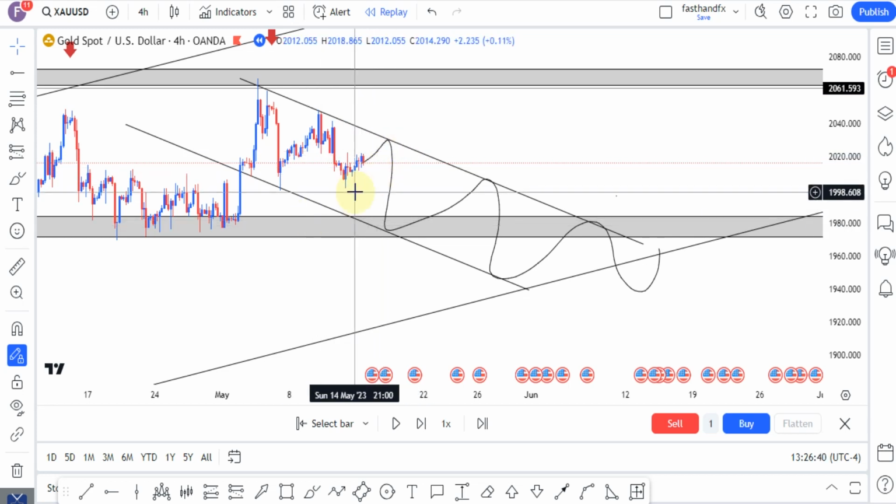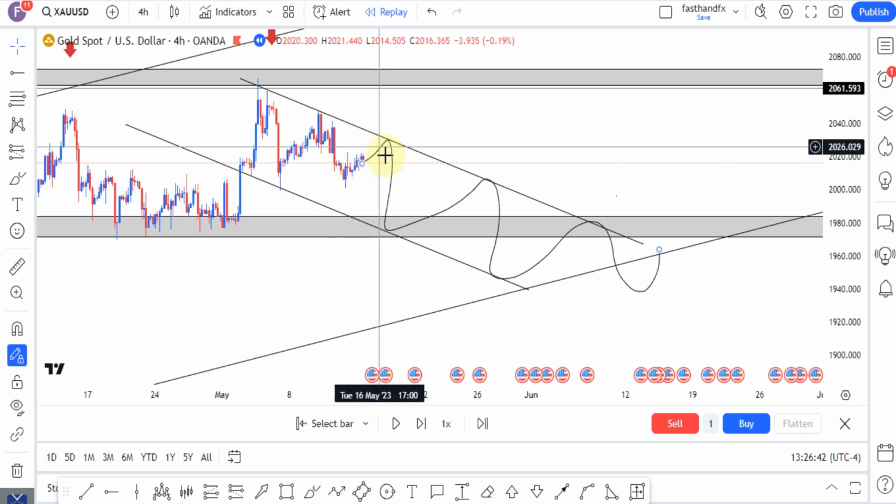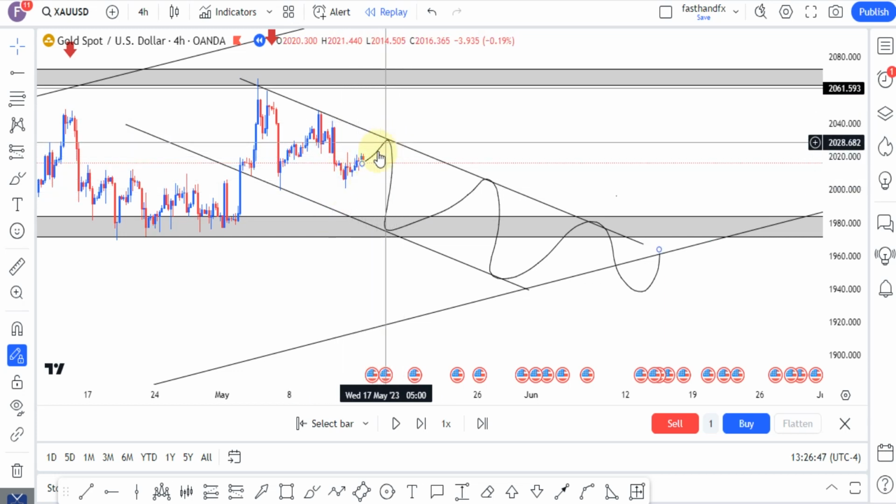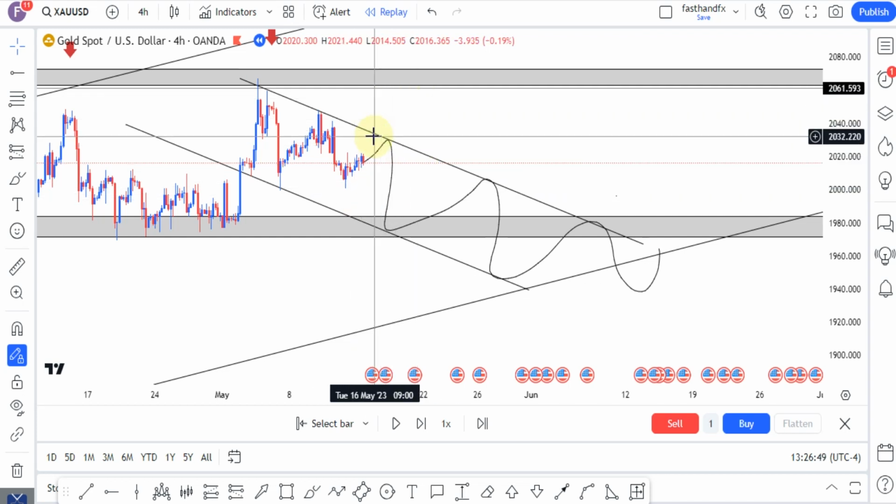And it doesn't guarantee that the market will always respect these areas. The market can come up all the way here, break and take out your stops, and comes all the way down.